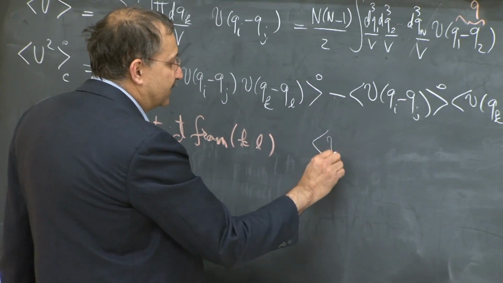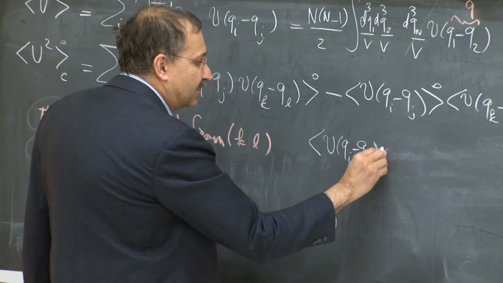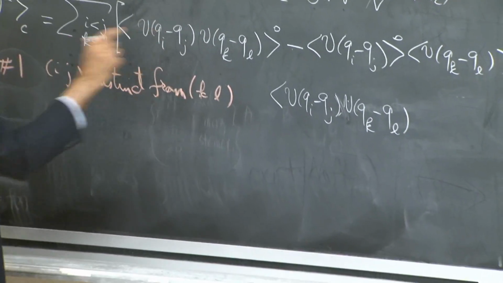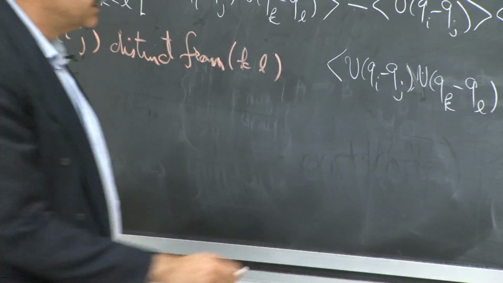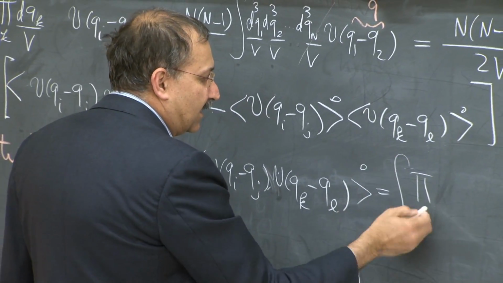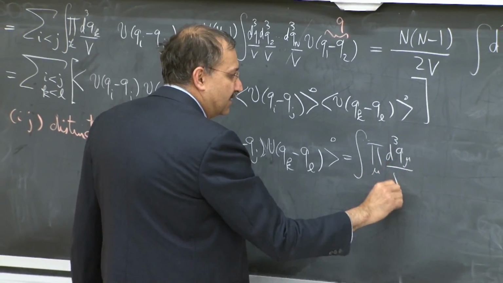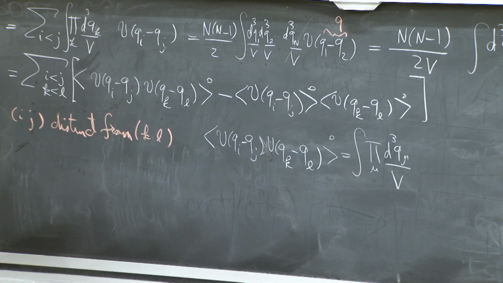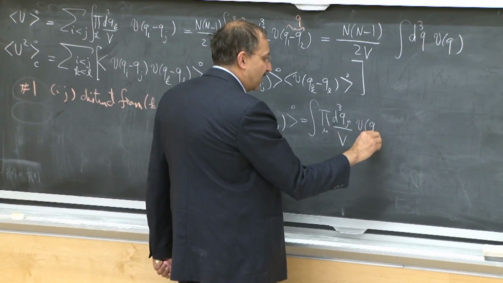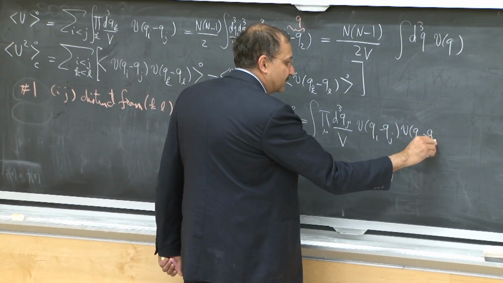Then when I calculate the average of qi minus qj, qk minus ql, what I need to do is all of these integrals of this form over all q's, and then I have this v of qi minus qj, v of qk minus ql.